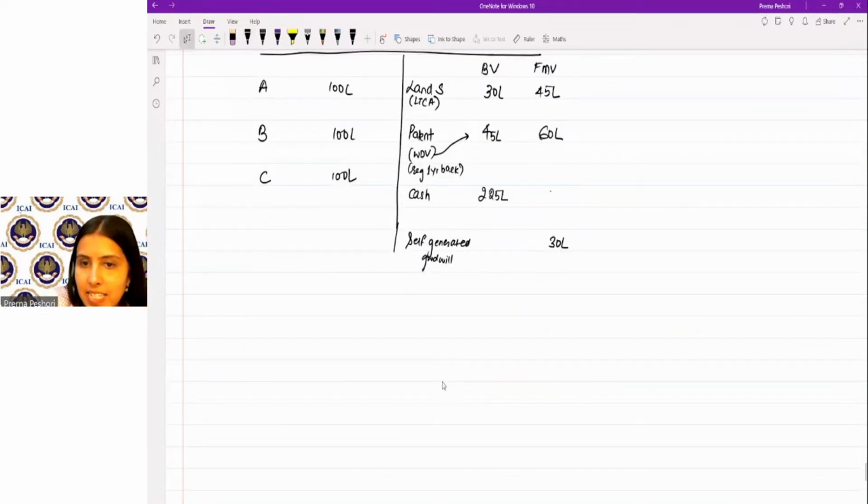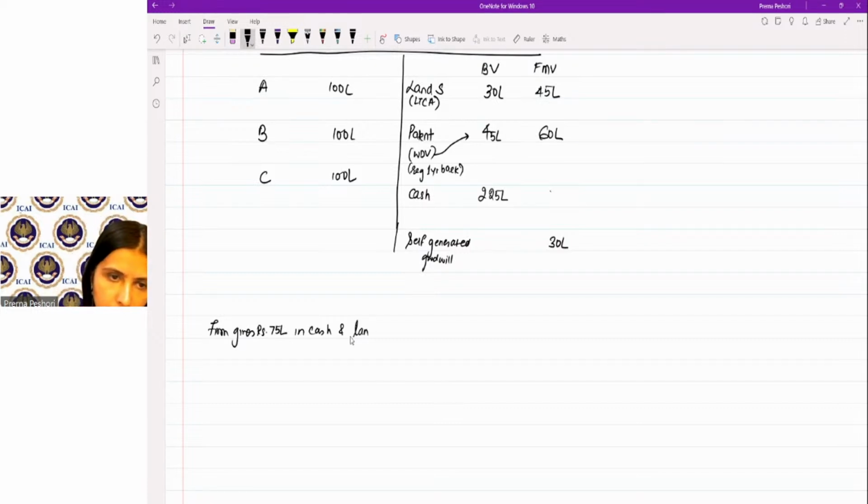Now A is exiting, so the firm decides to pay 75 lakh in cash and land S to A on his exit.